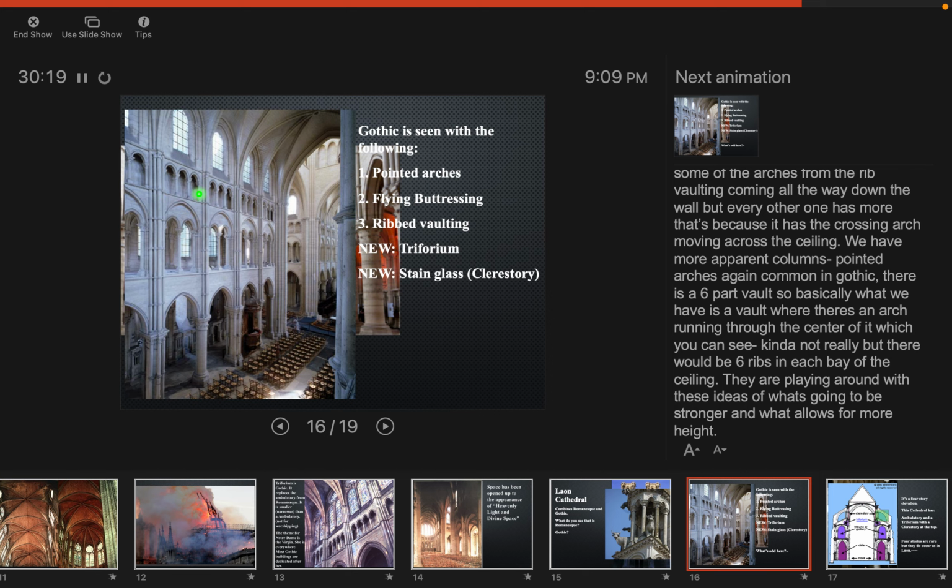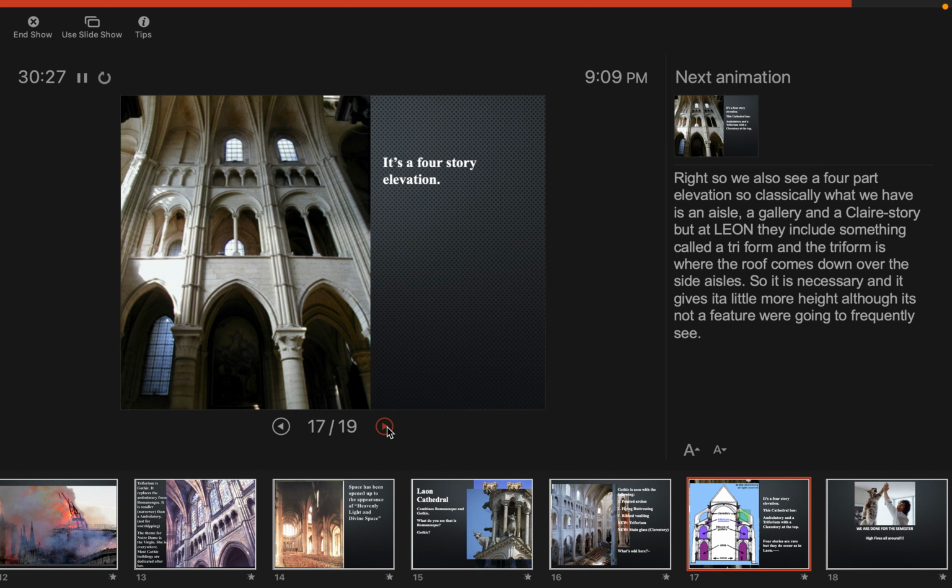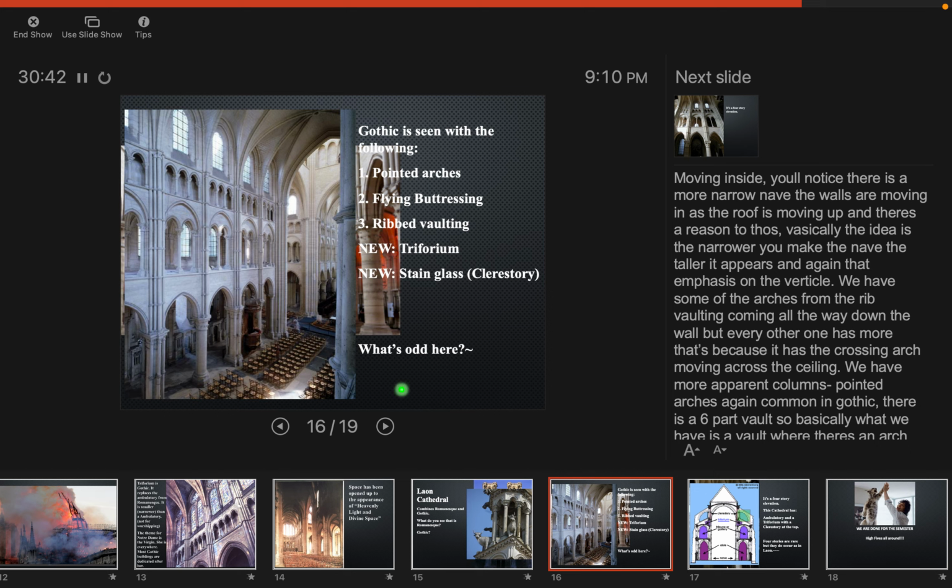So this could be just known as a triforium and then clerestory. Oh no, see, I was right. There is a 4-story elevation. This cathedral has an ambulatory and a triforium and a clerestory. Okay, sorry for the confusion. I was right. Yes.